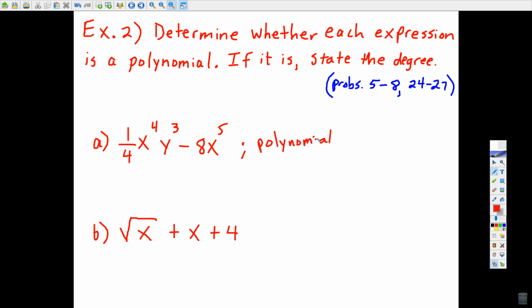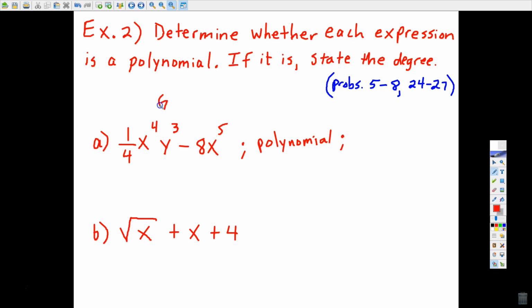Now let's talk about how we find the degree. The way you find the degree of a monomial, when there are two variables, is you add those two exponents together. So 4 plus 3 is 7. Over here we have one variable, and it has exponent 5.